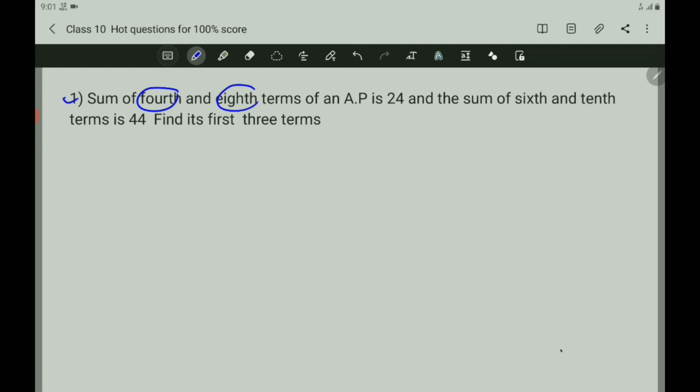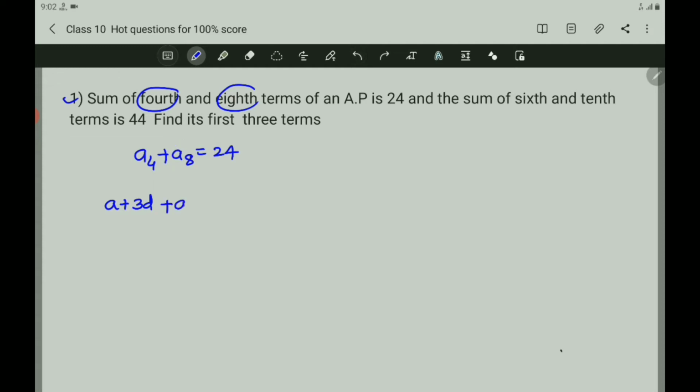The symbol for the 4th term is A4 plus the 8th term A8 equals 24. Then you express A4 in terms of A and D: A4 is nothing but A plus 3D, plus A8.